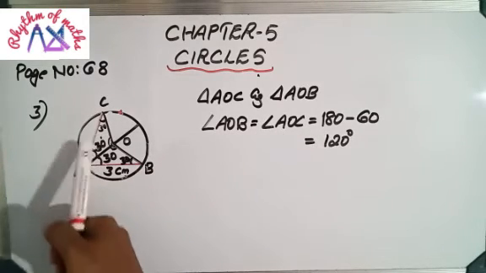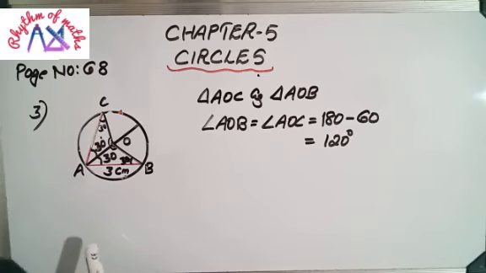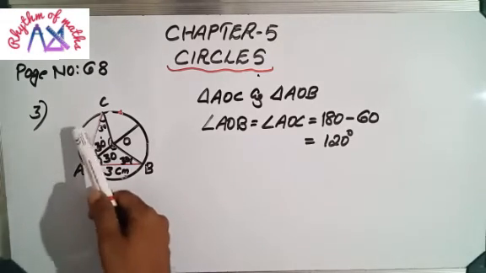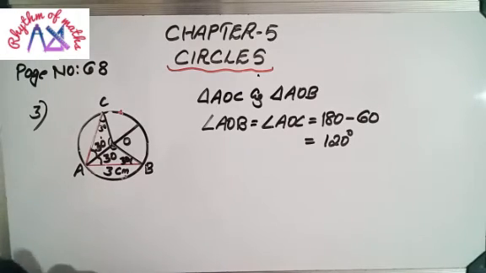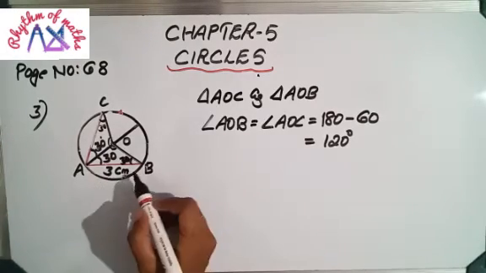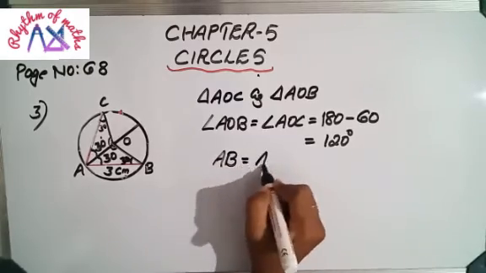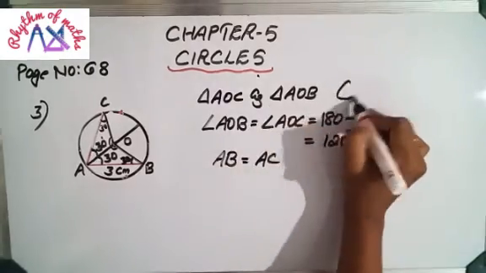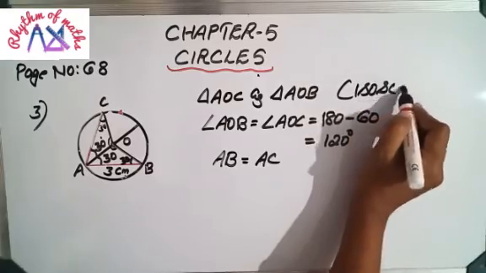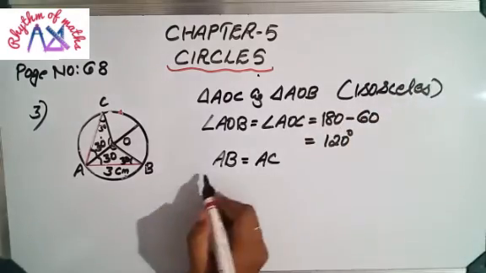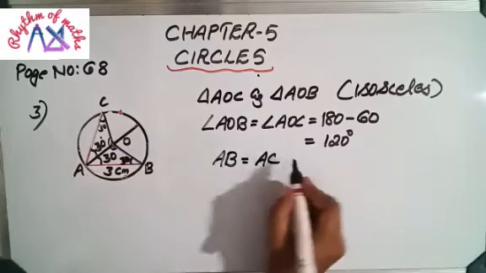So these two are equal isosceles triangles. The remaining third side will also be equal. The third sides are AB and AC, so AB equals AC.